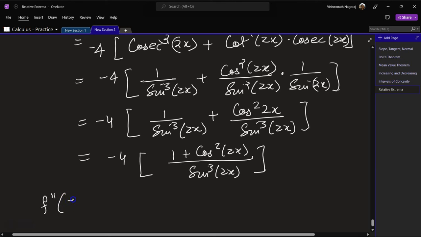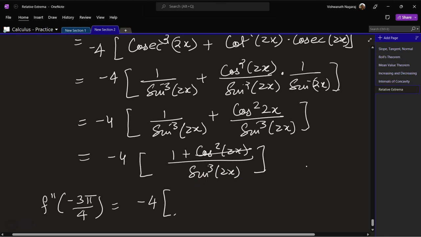Okay, so minus 3 pi by 4 is equal to minus 4 times, think of it like this, cos square of any angle, even if cos of an angle is negative, the moment you square it, it becomes positive. So which means we don't even have to bother with this, right? And 1 is positive. So the only thing we have to worry about is sine cube 2x.